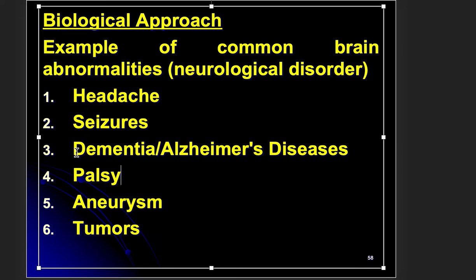Dementia. When a person advances in age, normally the brain cells also degenerate, because our brain cells continuously regenerate. That's why they don't run out while we are still productive in generating brain cells.